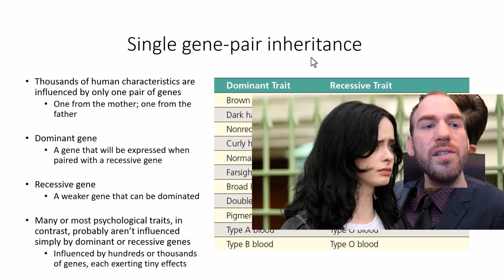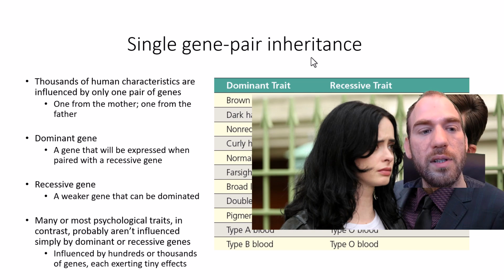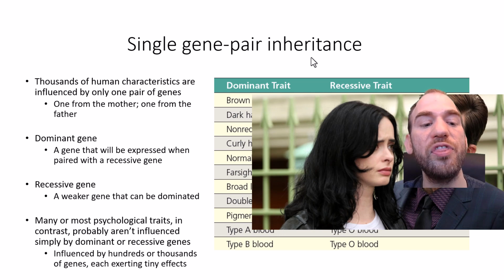Single genetic inheritance. Thousands of human characteristics are influenced by only one pair of genes, one from the mother and one from the father. A dominant gene is a gene that will be expressed when paired with a recessive gene. A recessive gene is a weaker gene that can be dominated. Many or most psychological traits, in contrast, probably aren't influenced simply by dominant or recessive genes. They're influenced by hundreds or thousands of genes, exerting tiny effects.